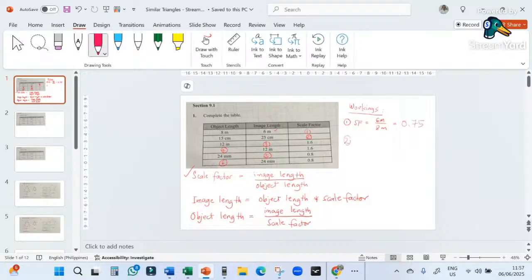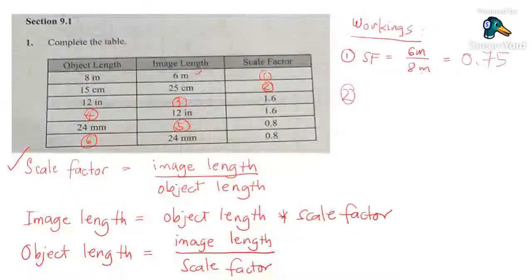Number two is the same formula, scale factor. Scale factor is equal to image length, 25, over object length, 15 centimeters. By the way, scale factor doesn't have units because the meters cancel out. Centimeters and centimeters cancel out too.